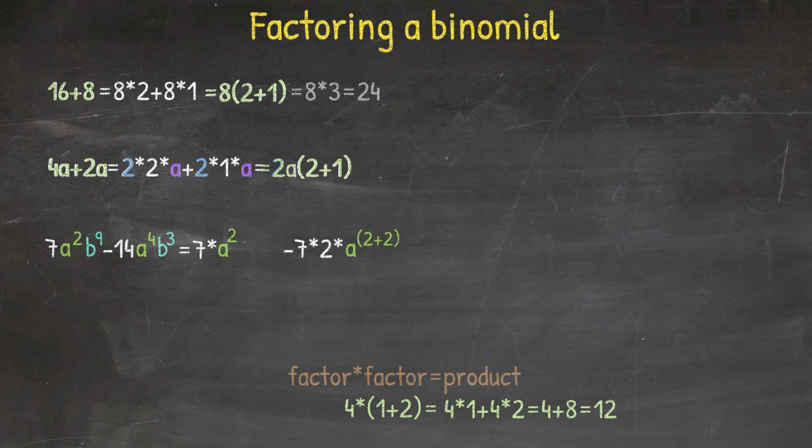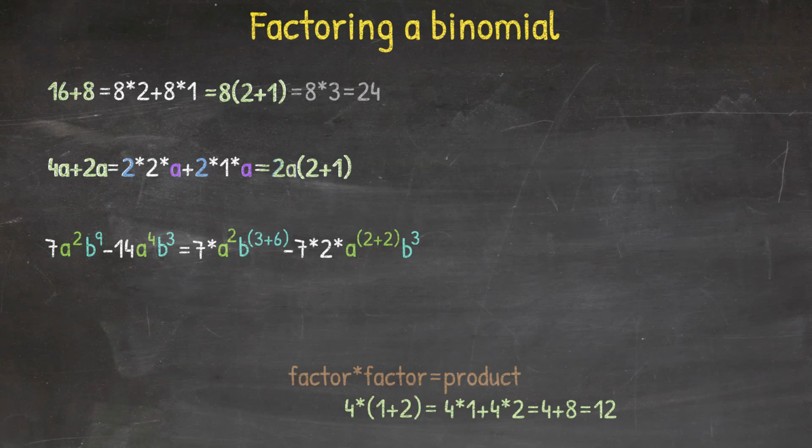Using the same knowledge, we can see that b to the ninth in the first term and b cubed in the second term also share a common factor of b cubed. So we can break down b to the ninth as b, and then in the exponent 3 plus 6. And in the second term, we'll just leave it as b cubed.